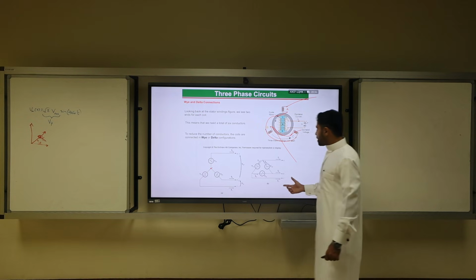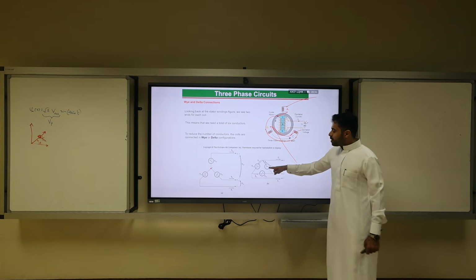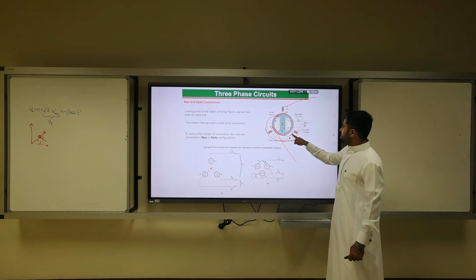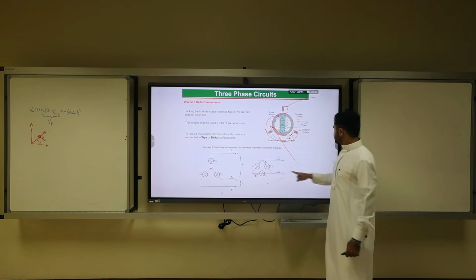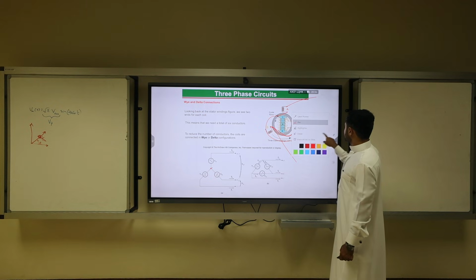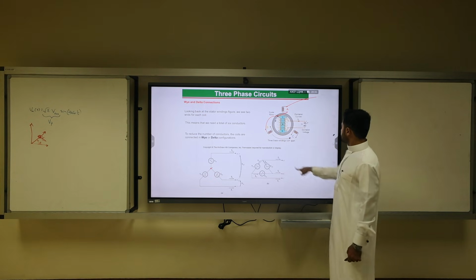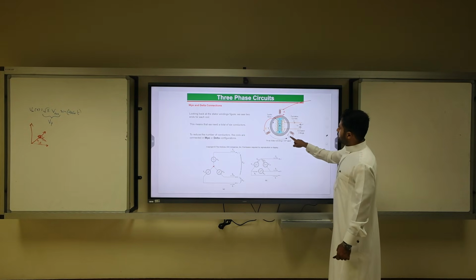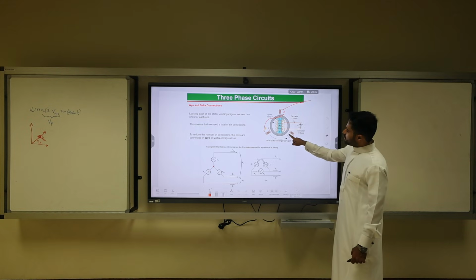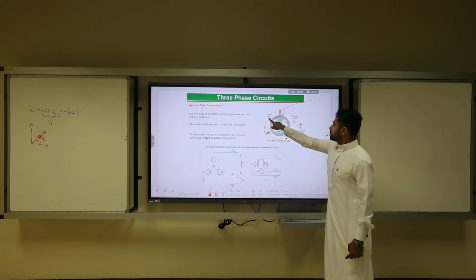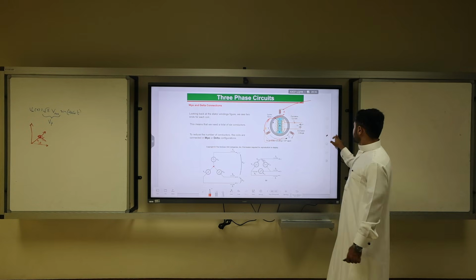The delta connection is the negative terminal of each is connected to the positive terminal of each. So how to make this connection? The positive here goes to the negative here. I cannot draw.